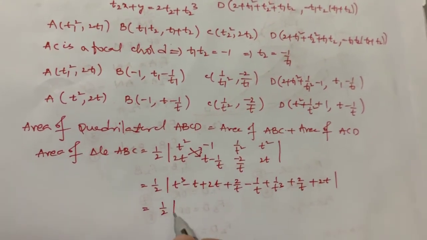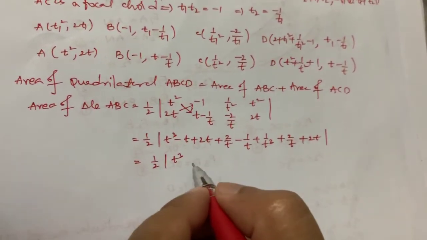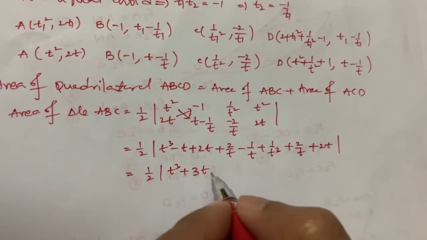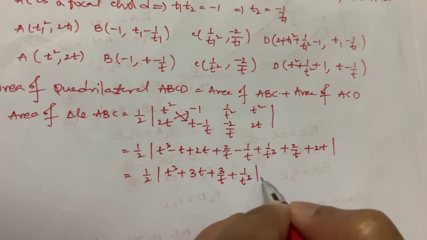So half mod, this is t cube plus 3t plus 3 by t plus 1 by t cube.